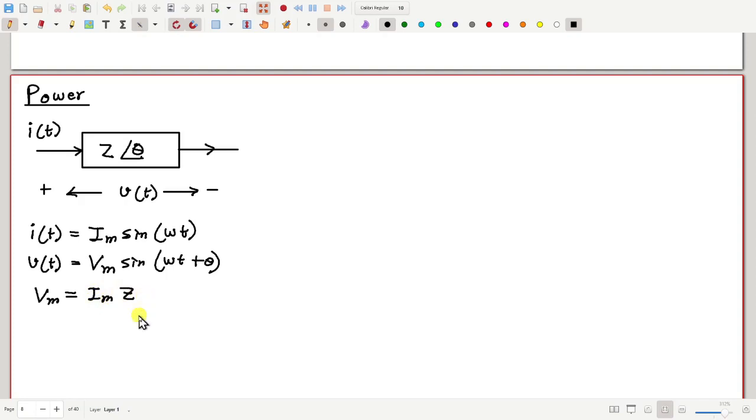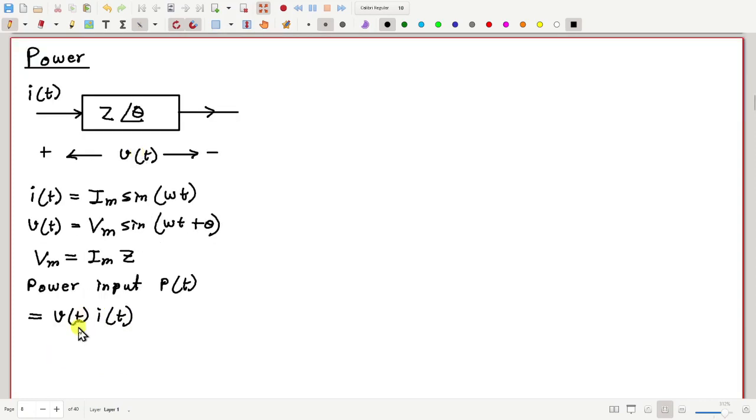However, the question is how much is the power input to this impedance. The power input, that means coming from outside to inside to this impedance, is given by v(t) into i(t), so call it p(t). According to the directions of voltage and current that we have considered, this will be a power coming inward.